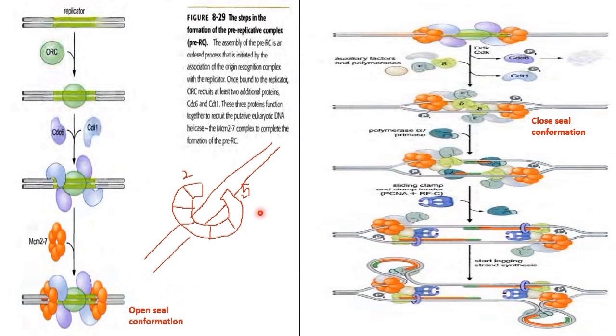Thus, the pre-initiation complex step comes in, where the double hexamer open seal conformation complex is here. Then two kinases are recruited.